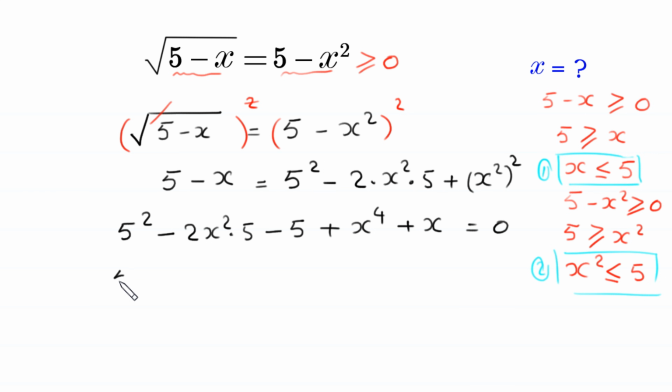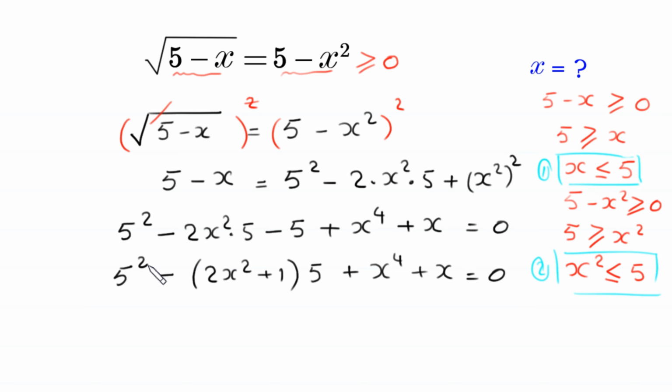Next, 5 squared. Now from these two terms we can factor out negative 5. Negative, in bracket we write 2x squared plus 1, negative 5 as common factor, plus this x to the power 4 plus x is equal to 0.